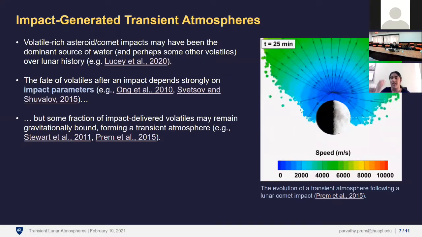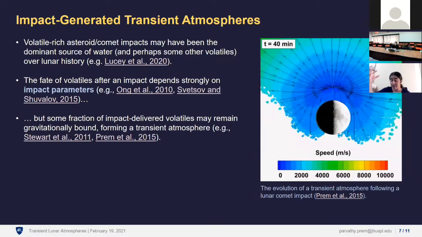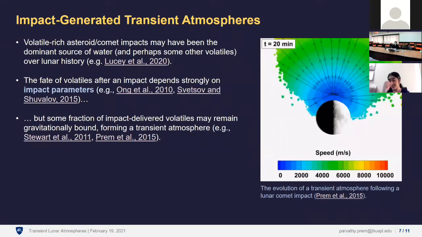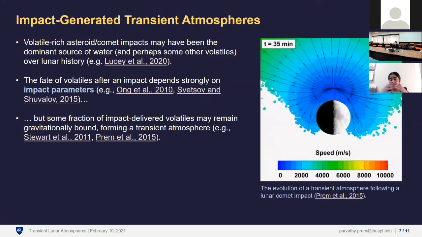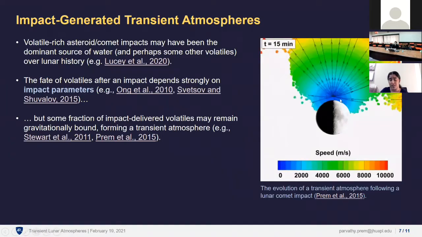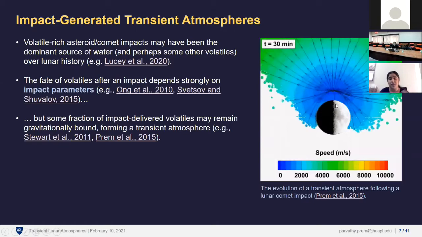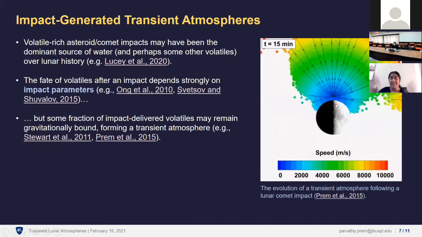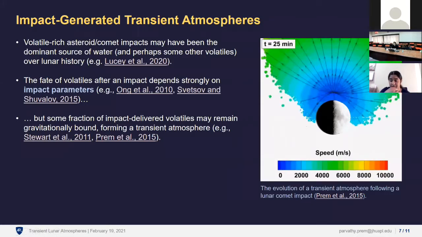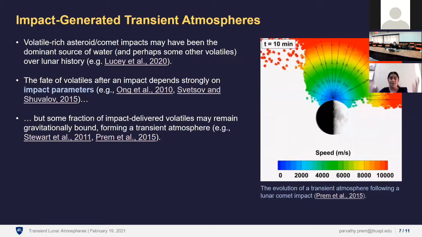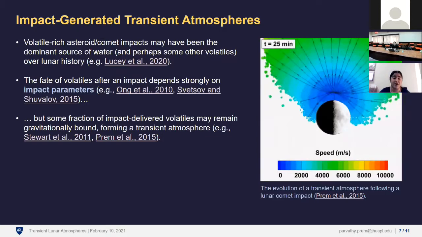If you have a comet or a hydrated asteroid that hits the moon, these typically happen at high enough speeds that water, and in this simulation it is H2O in particular, but in general, volatiles contained within those asteroids and comets can vaporize due to those high energies of impact, and they can begin to expand to form a temporary atmosphere around the moon.